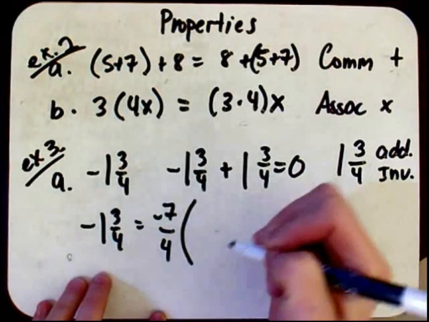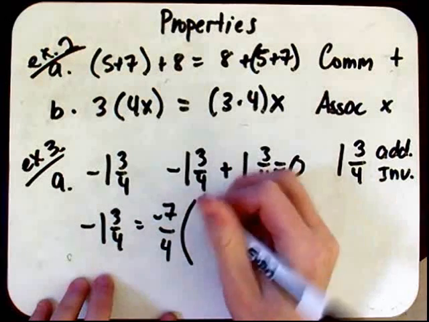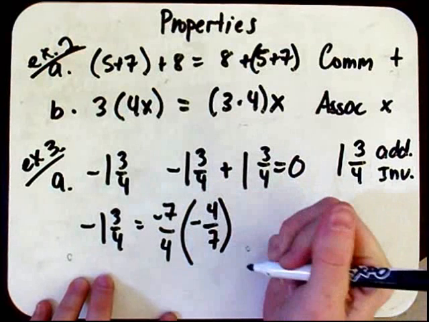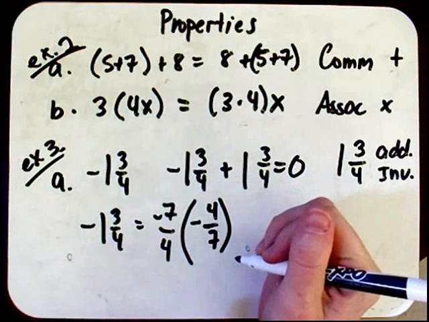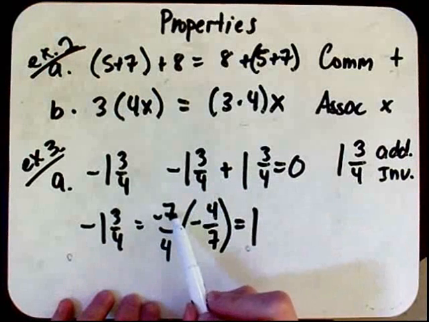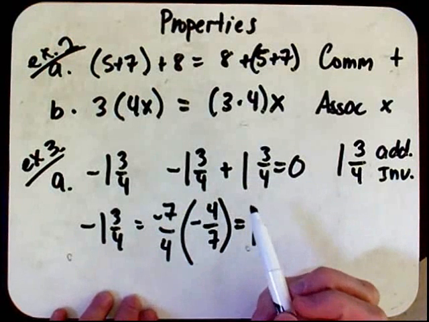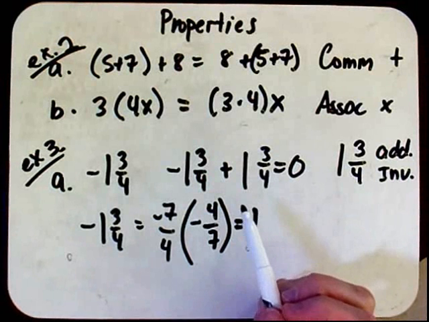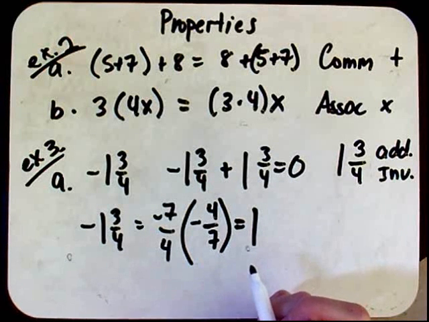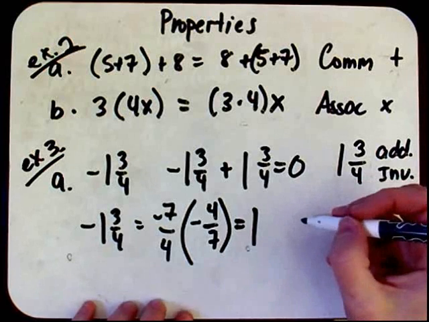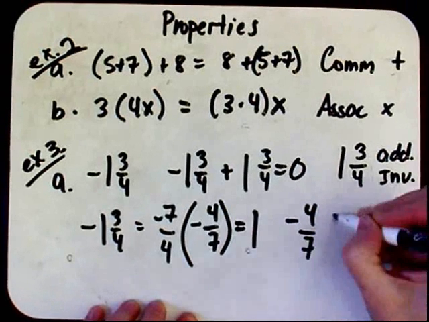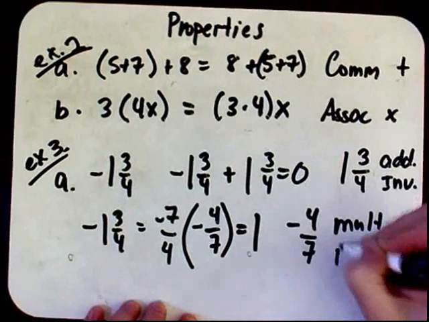So if we multiply negative 7/4 by negative 4/7, we want it to be a positive, so we keep that negative on both of them. What we get is 1, because negative 7 times negative 4 is 28 over 28. 28 over 28 equals 1. So our multiplicative inverse is negative 4/7.